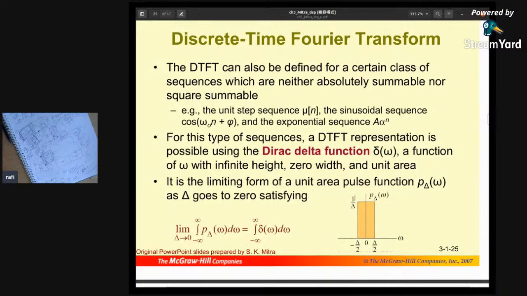For example, take a rectangular pulse like this, whose total width is delta, from minus delta by 2 to delta by 2, and whose height is 1 by delta. What is the area? Length into breadth. If you treat 1 by delta as the length, then 1 by delta into the breadth delta is 1. So the area of this is 1.